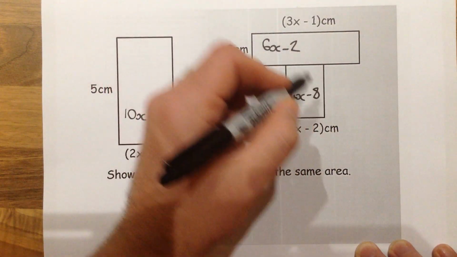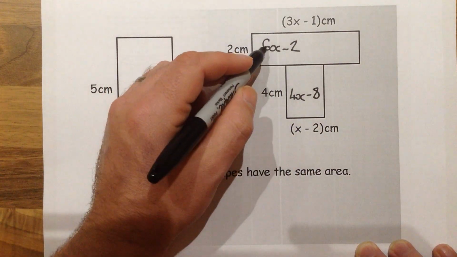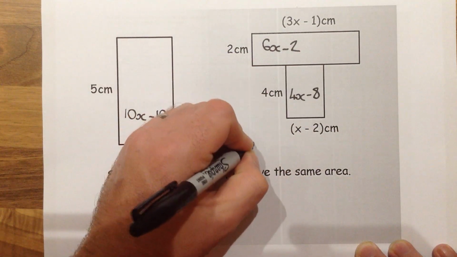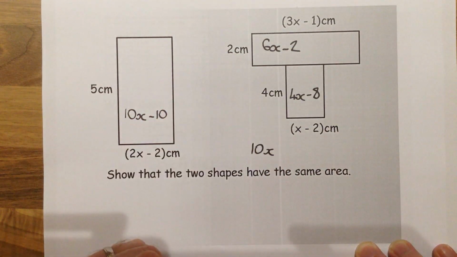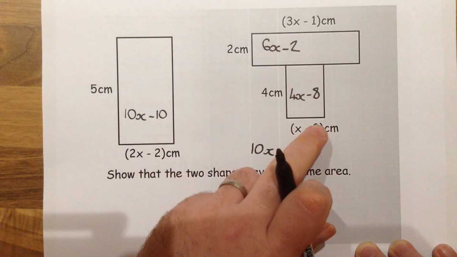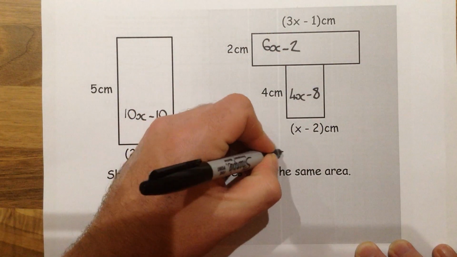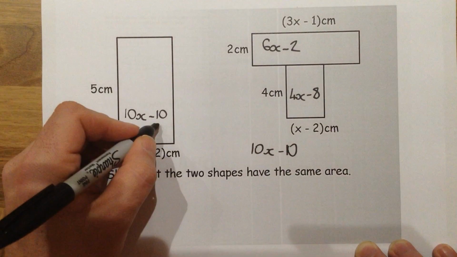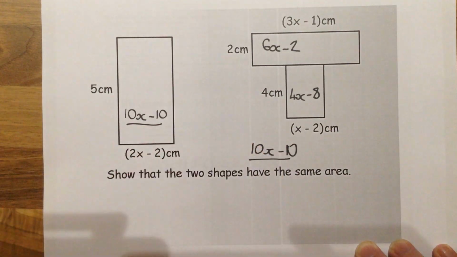If I now add these two bits together, 6x plus 4x is 10x, minus 2, take away another 8, is minus 10. So we have proven here that the two areas are the same.